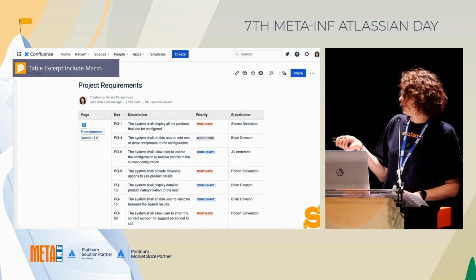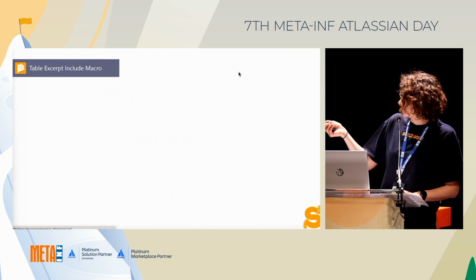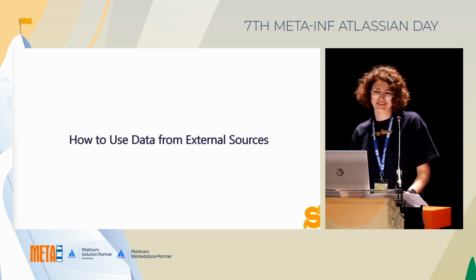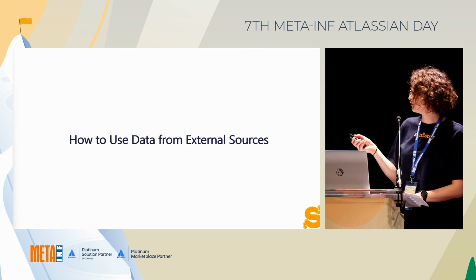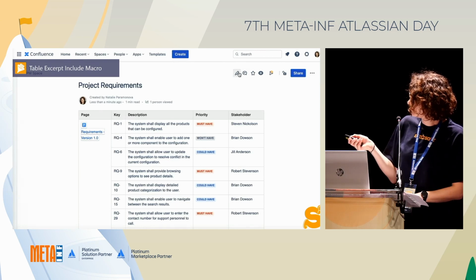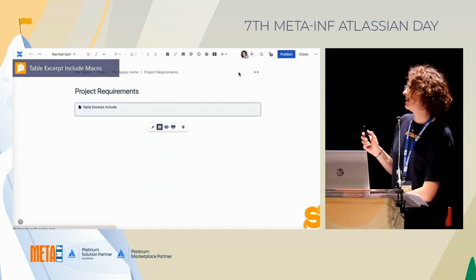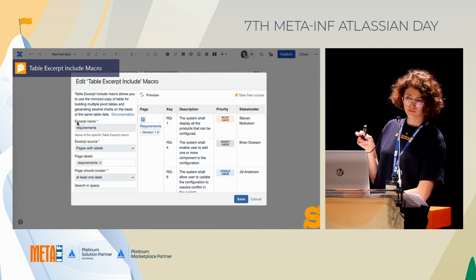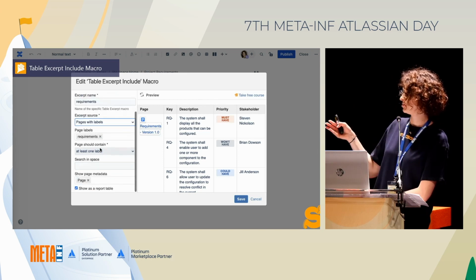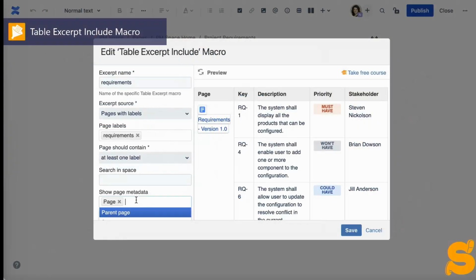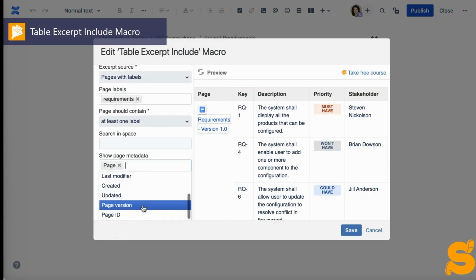And on the master page, you insert the Table Excerpt Include macro, and in it you use that name, unique name or equal names, to create a report, and you select the excerpt source. This can be the current page, any other specific pages, or pages with labels.